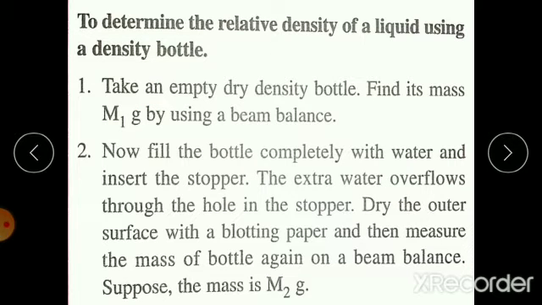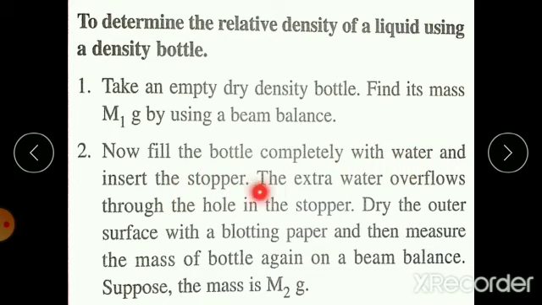First, take an empty dry density bottle and find its mass m1 grams by using a beam balance. Now fill the bottle completely with water and insert the stopper.